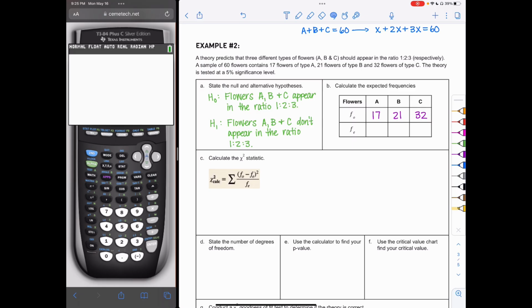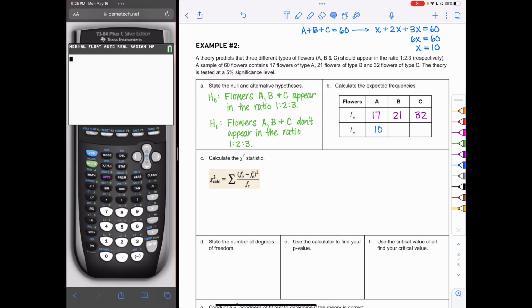Because remember, the amount of type B flowers should be double the amount of type A flowers, and the amount of type C flowers should be triple the amount of type A. So now I'm going to solve this equation, and I get that 6x is equal to 60, and dividing both sides by 6, x is equal to 10.